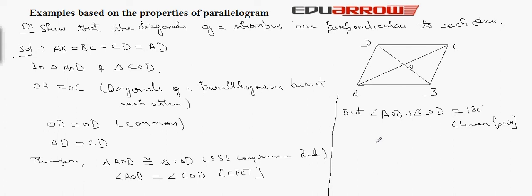So we can write here 2 of angle AOD is equal to 180 degree and angle AOD is equal to 90 degree. So we can say that the diagonals of a rhombus are perpendicular to each other. That we have proved here angle AOD is equal to 90 degree. So here we can see the diagonals are perpendicular to each other.